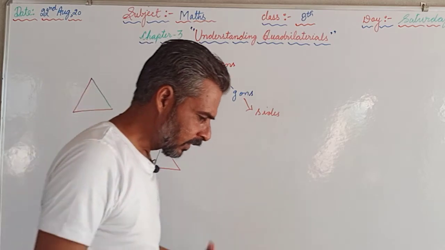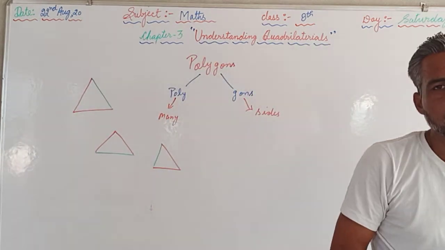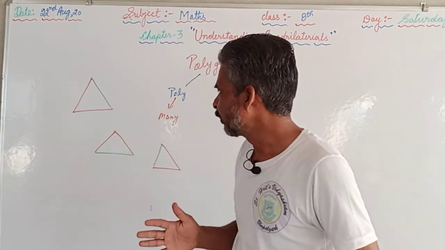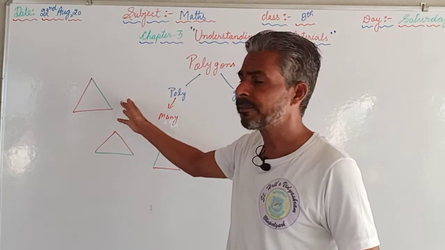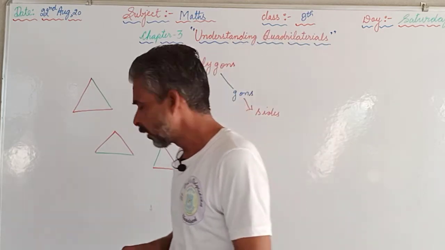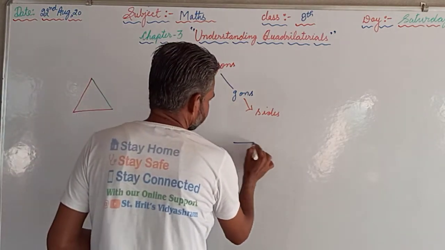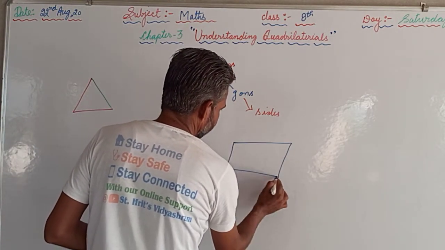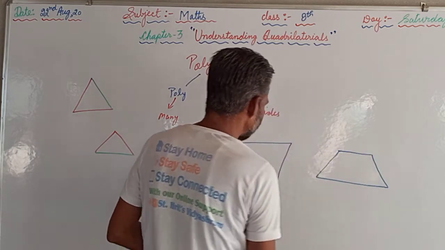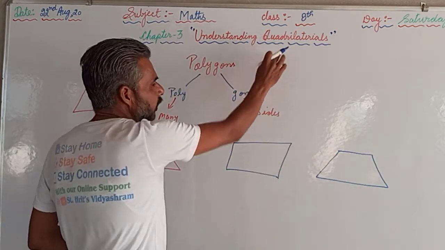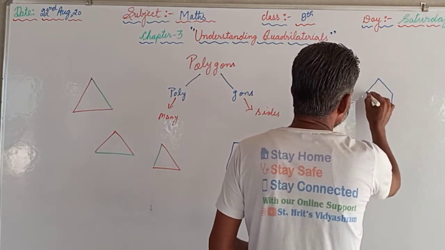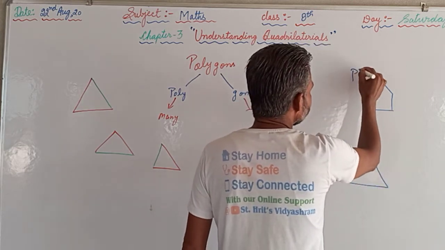So there are different names for the polygons based on the number of their sides. We start with, if the polygon is having 3 sides, then the name is, as you all know, triangle. If there are 4 sides, like this or like this, the name of the polygon is quadrilateral. If 5 sides are there, like this, then it will be pentagon.